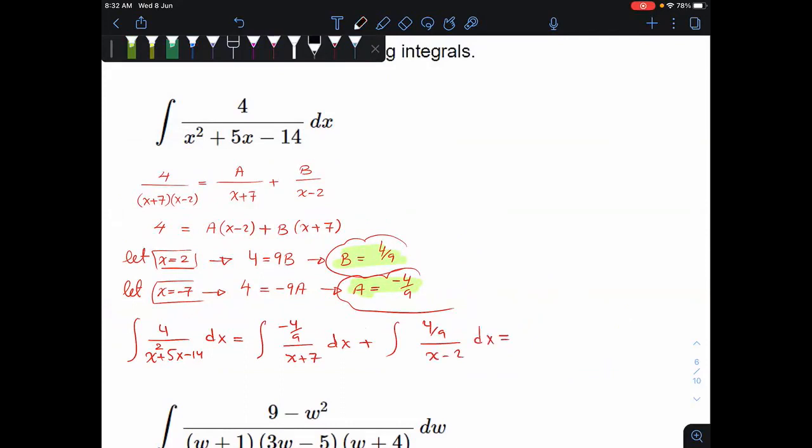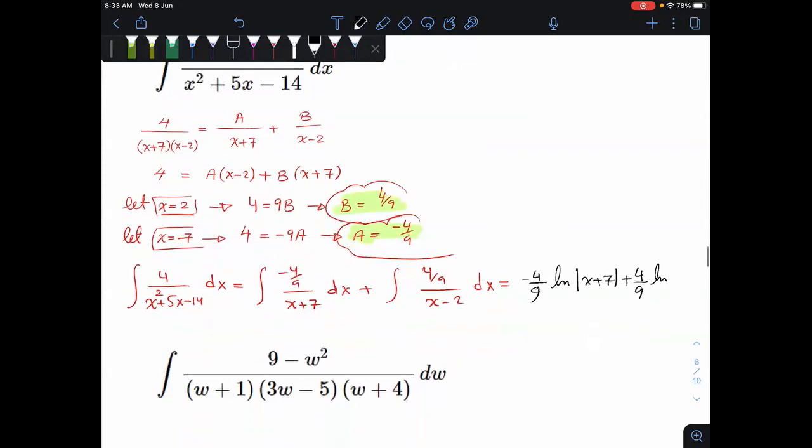The first part is negative 4 over 9 ln absolute value of x plus 7, since the numerator is the derivative of the denominator, plus 4 over 9 ln absolute value of x minus 2, plus C. So this is the final answer.